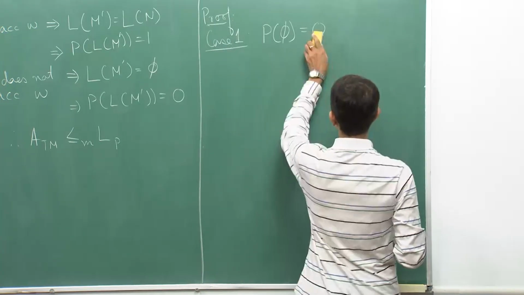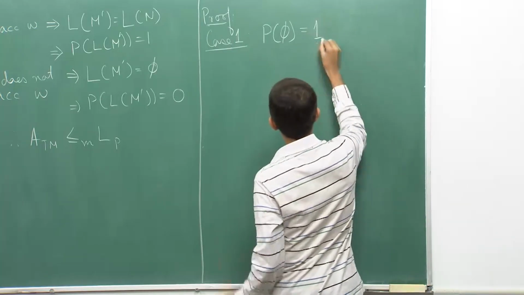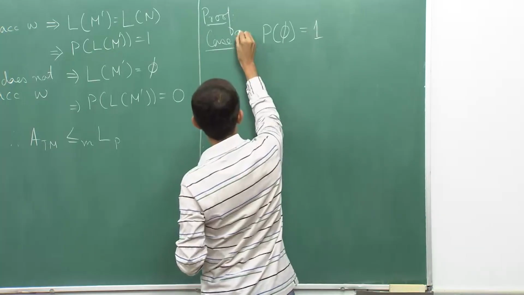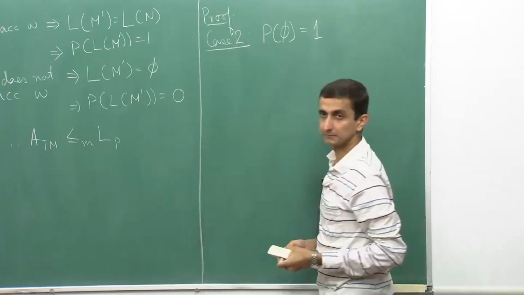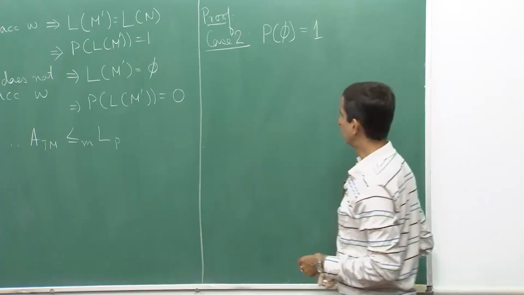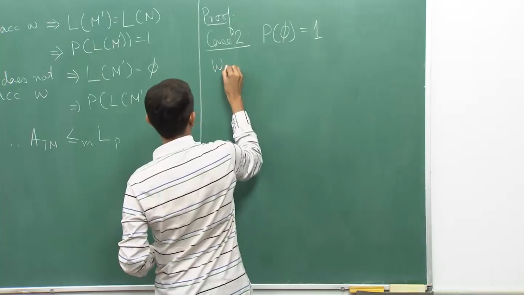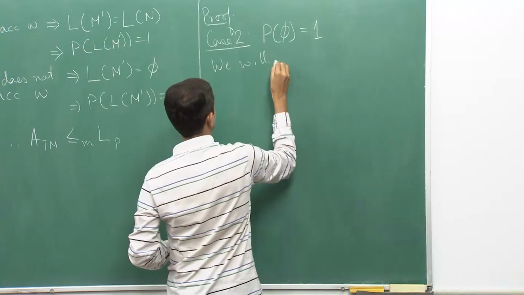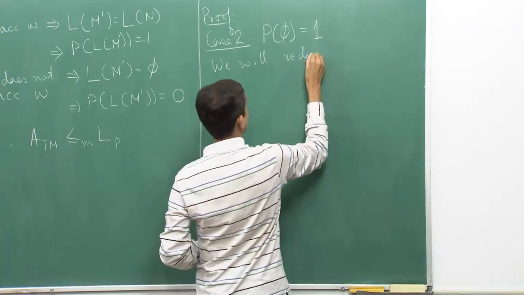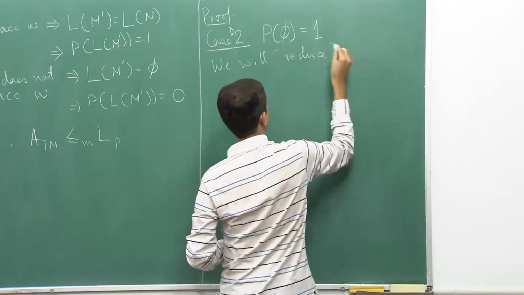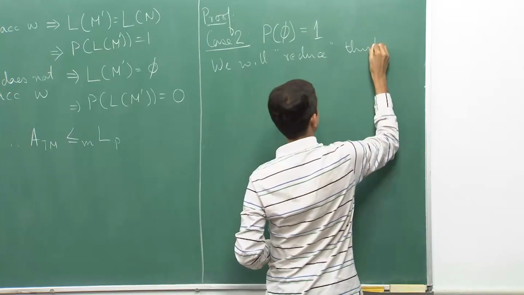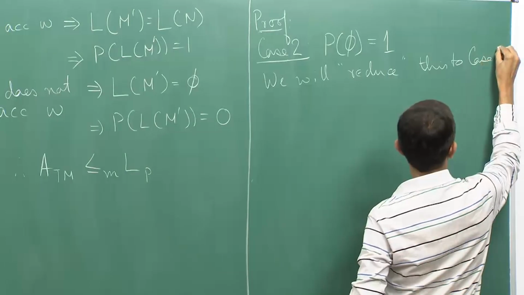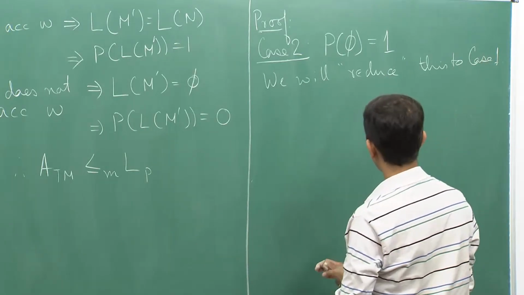So, suppose P of phi is equal to 1, so this is case 2. We will reduce this to case 1.